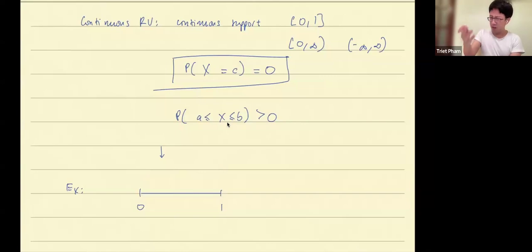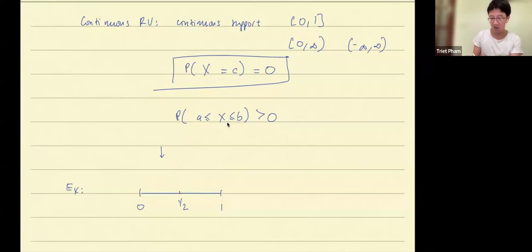Then you can be convinced that the probability that you hit a particular value, like 1/2, will literally be 0. Because if you move continuously and you drop the pin, you probably can get close to 1/2 with some probability. But the probability you hit exactly 1/2 will be 0.